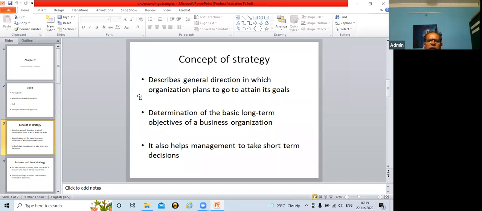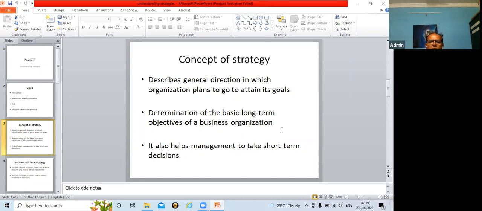Second point, determination of the basic long-term objectives of the business organization. Whenever top management develops their strategy, they always look at long-term objectives. What are the long-term objectives of the organization? On the basis of long-term objectives, they design strategies.